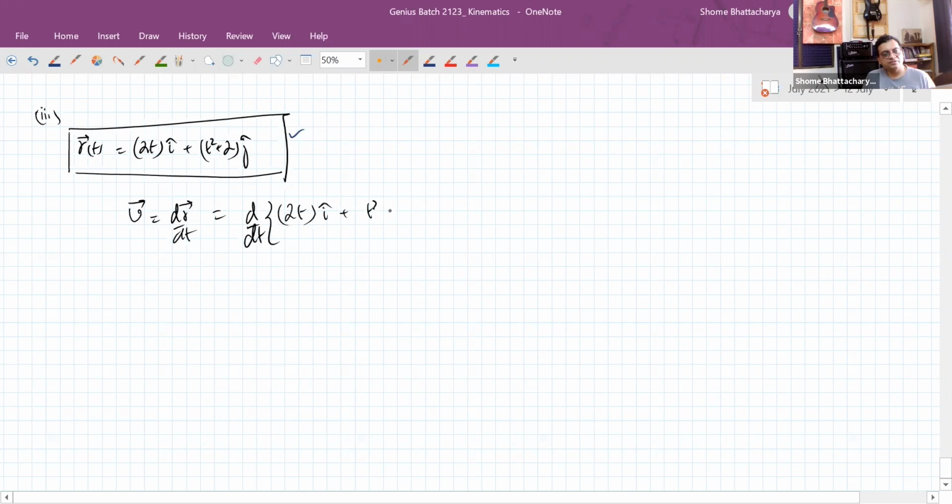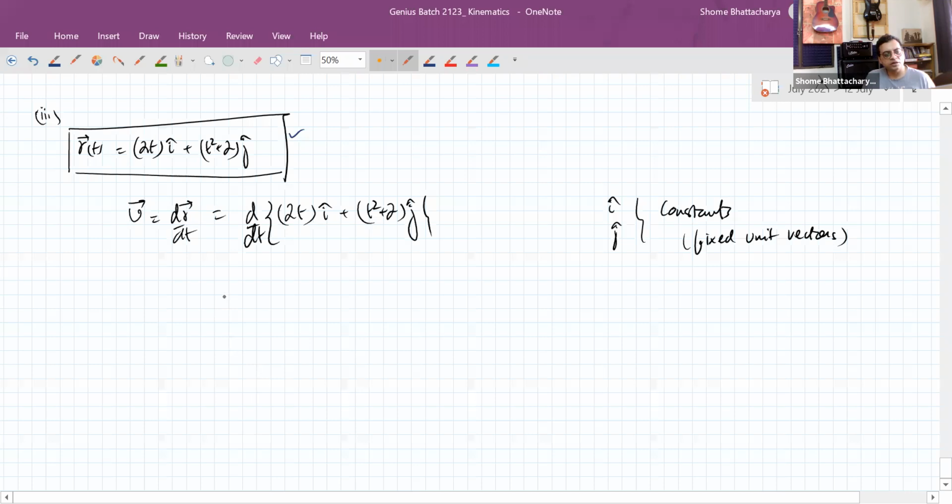Now, whenever we are differentiating a vector which is given in component form, always remember to treat i cap and j cap as constants because they are fixed unit vectors. Their direction is not changing and their magnitudes are one each.